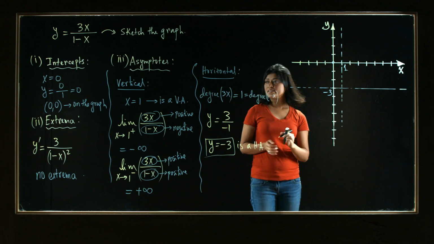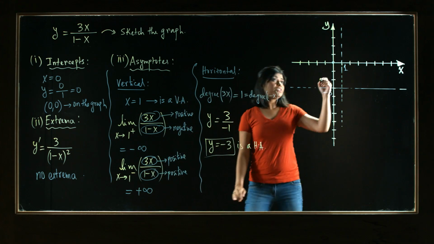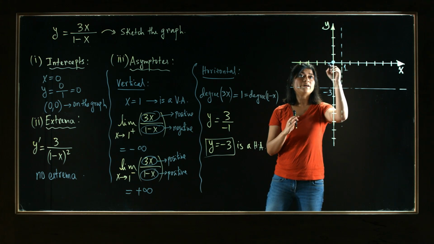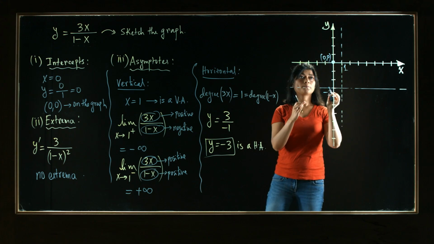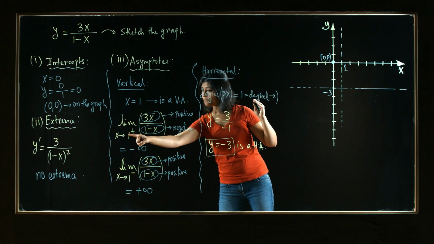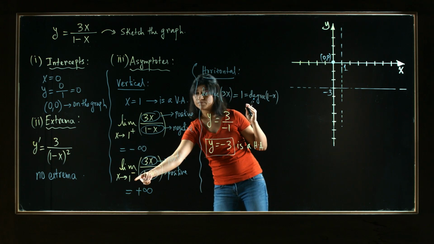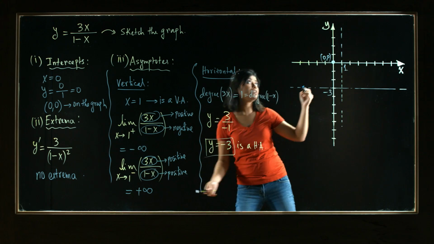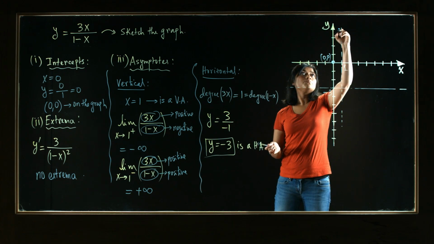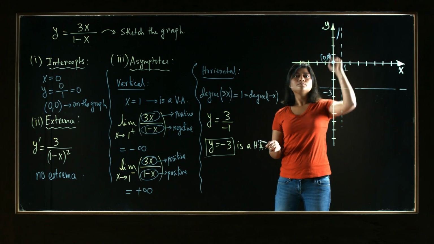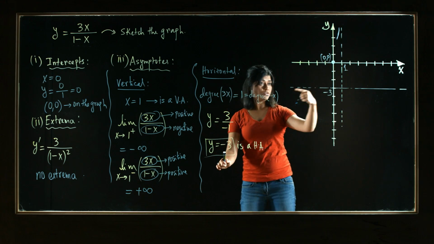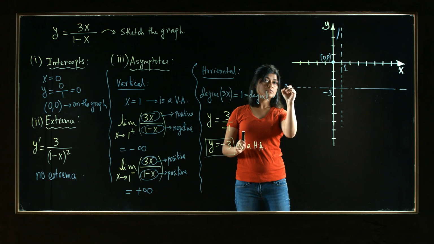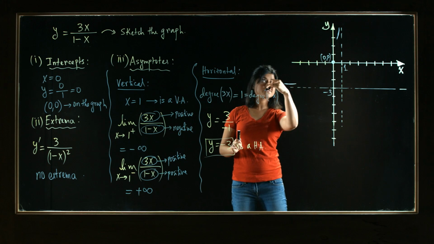Okay, now let's see what's happening. For this side, we know that the function will pass through (0, 0). That's a point. We know from the second limit, as x is approaching 1 from the left, the function is approaching infinity. So the function will be approaching infinity somewhere here. And this is a horizontal asymptote, so the function is approaching negative 3, like this.